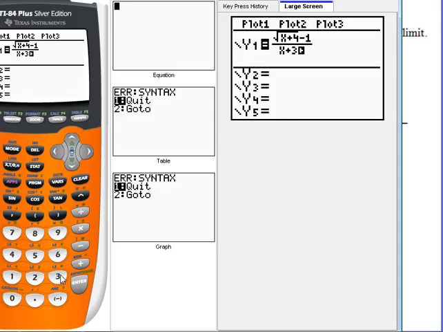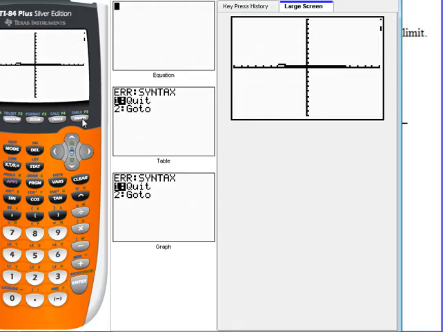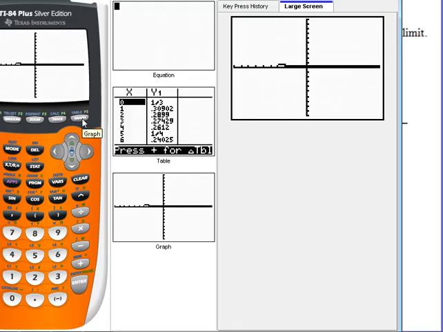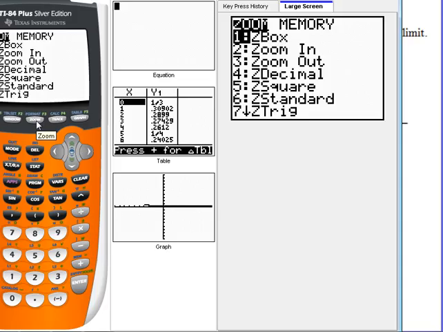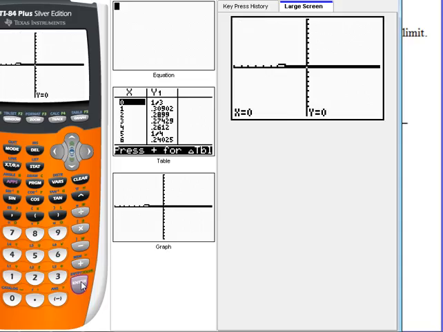Is that correct? Okay. I can graph it. So not a very good graph. I'd probably have to zoom in here. Still not a very good graph.